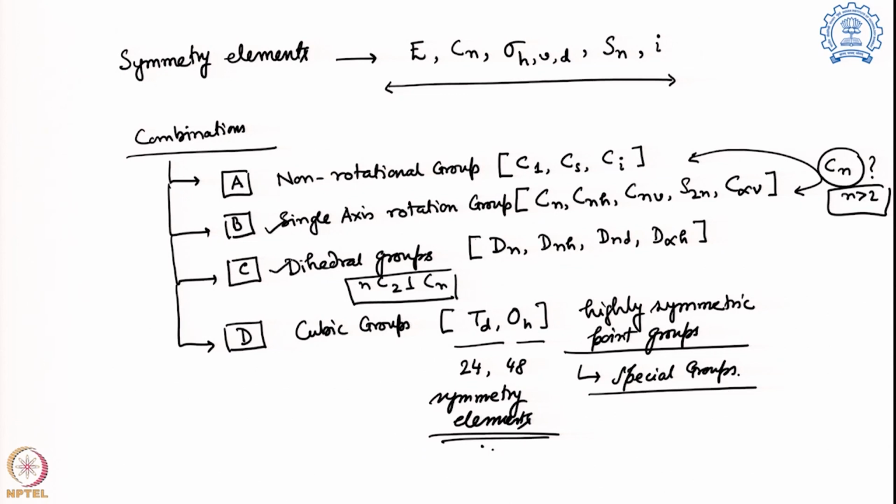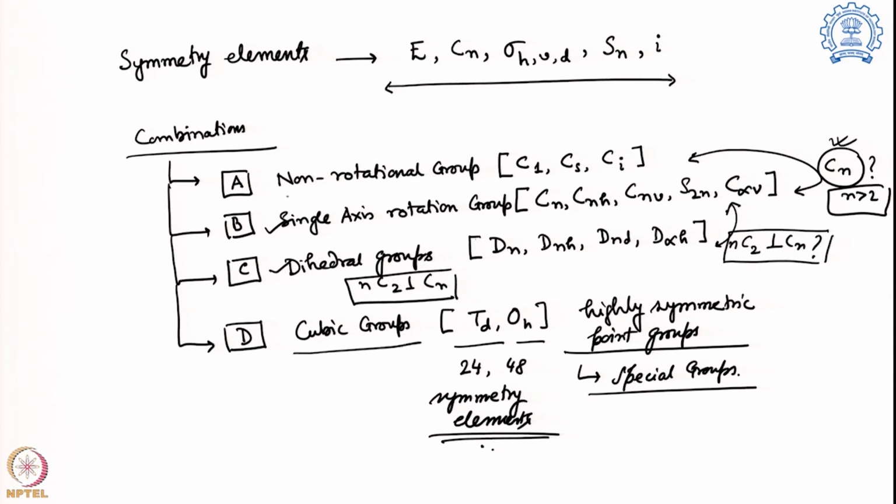So, if I want to differentiate between non-rotational group and the single axis or dihedral group, the question I have to ask is whether I have a single axis of rotation or not. The difference between single axis rotation and dihedral groups I have already mentioned: whether you have n number of C2s perpendicular to Cn or not. By asking this question I can differentiate between these two groups.